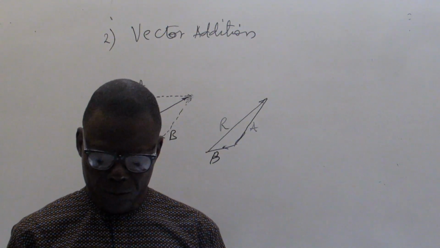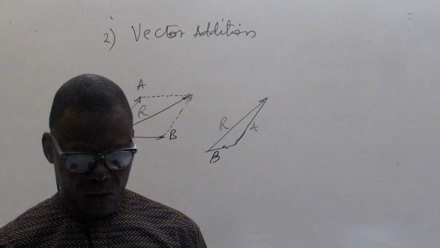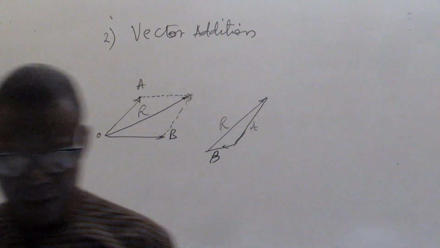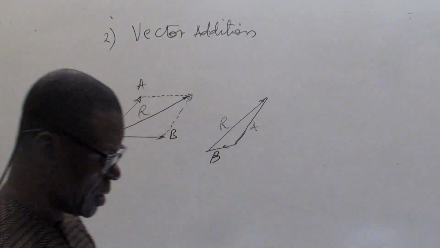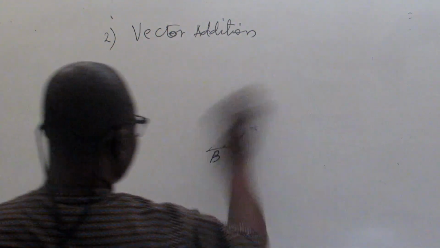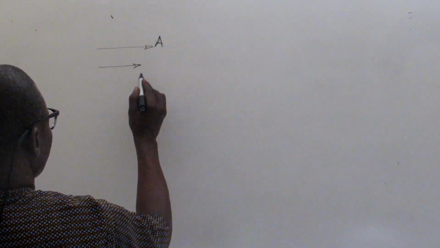And then, if we have a special case where the two forces, A and B, are collinear, that is, they are acting on the same line, both of them having the same line of action, it is determined this way. Let's say we have vector A running this way, and vector B also acting in the same line.